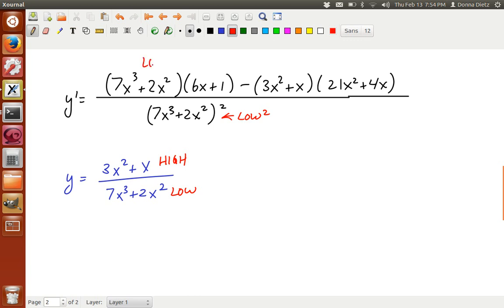We say low D high minus high D low. This is the derivative of the denominator. This is the derivative of the numerator. So if this little thing helps you, low D high minus high D low, then go ahead and say it. I didn't learn it that way, but a lot of my students would say that, and I think it's kind of cute, so I'm passing that along.